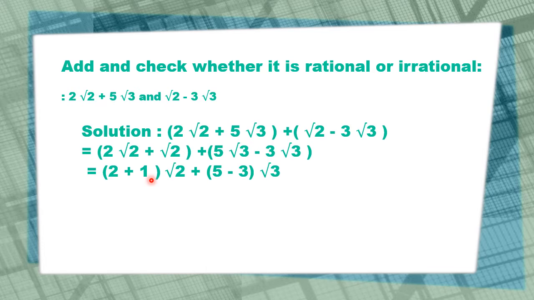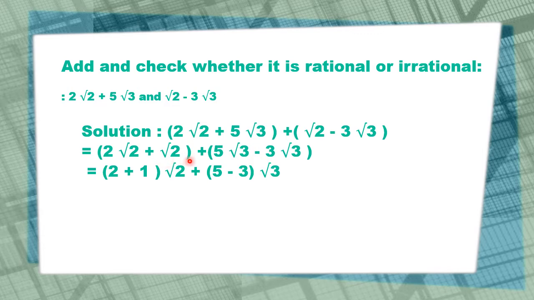It is 1, not 0, children. Sometimes you confuse that nothing means it's 0. No. Let me explain: if it was 0, then 0 into root 2 would have been 0. But here you cannot see 0. What you are seeing over here is root 2. So which number is hidden?